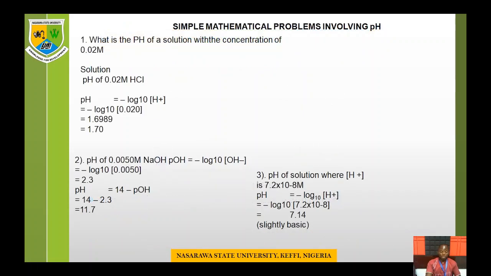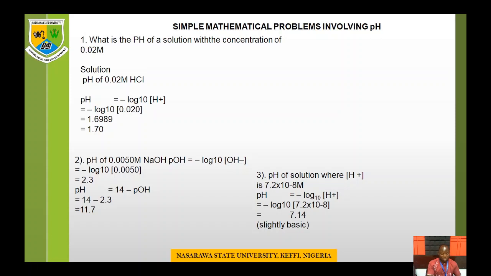So that takes us to some simple mathematical problems involving pH. Number one: what is the pH of a solution with a concentration of 0.02 molar? Again, remember we were told that all we need is to know the concentration. And when we know the concentration, all we need to do is to replace hydrogen ion concentration with that concentration value that is provided.